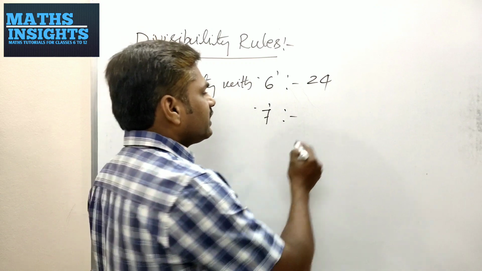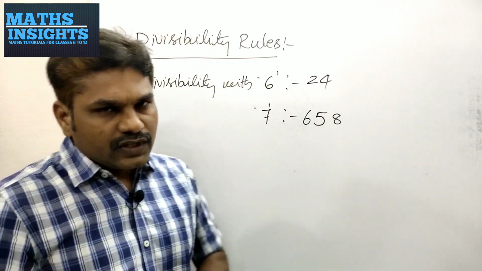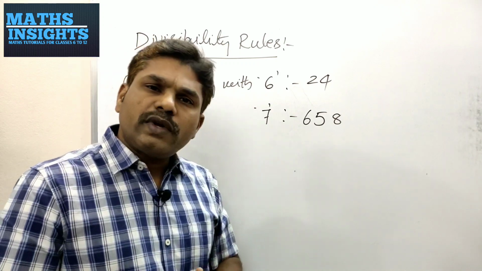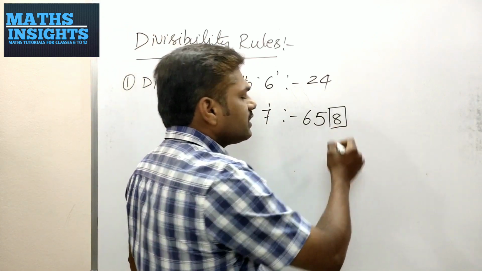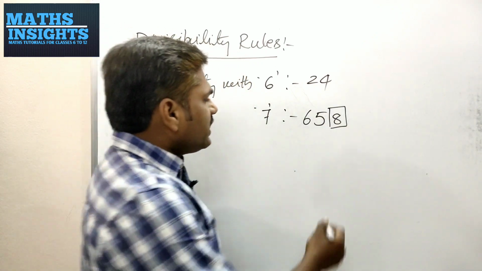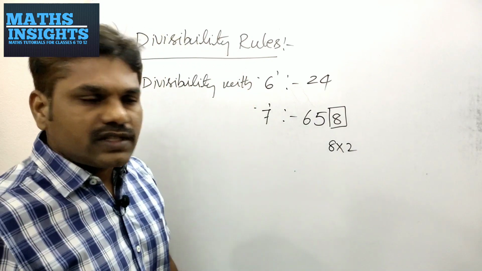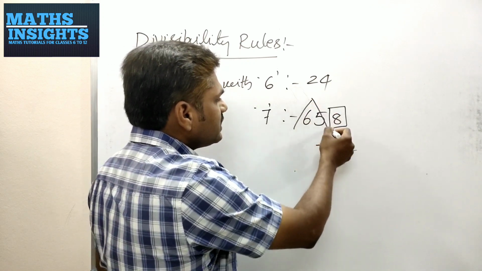Suppose I am taking an example, 658. You have to check whether this is exactly divisible by 7 or not. What I said, you have to take the digit in the units place. After taking it, you have to double that number, that means 8 into 2, and the remaining number is 65.